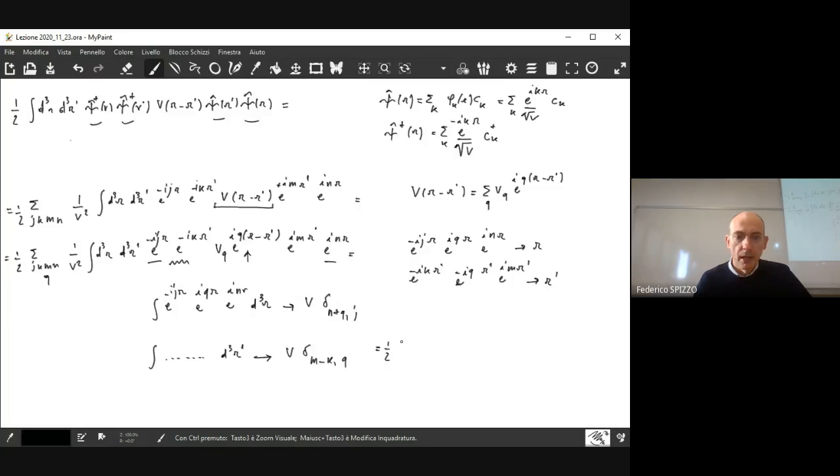Then the volume that we have here and the volume that we have here allow us to simplify the square volume that we have at the denominator. So let's say the volume disappears and we have just 1/2 the summation over j, k, m, and q of V of q times Kronecker delta n plus q j, Kronecker delta m minus k q.